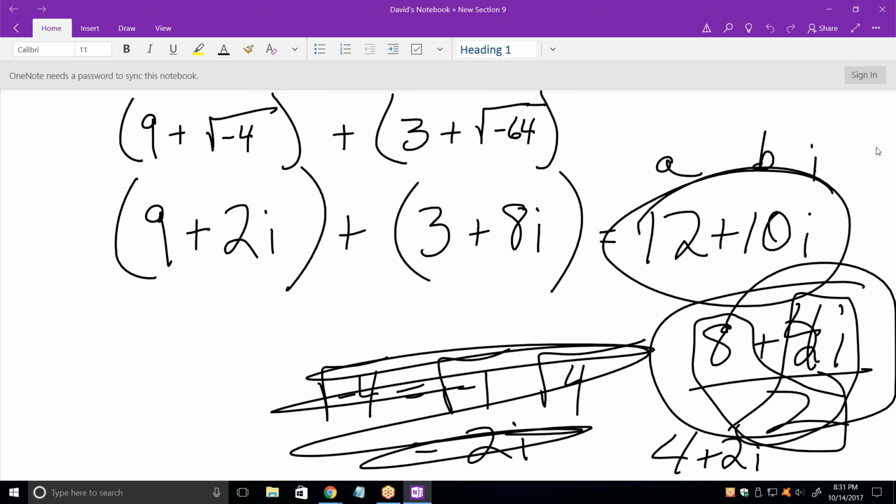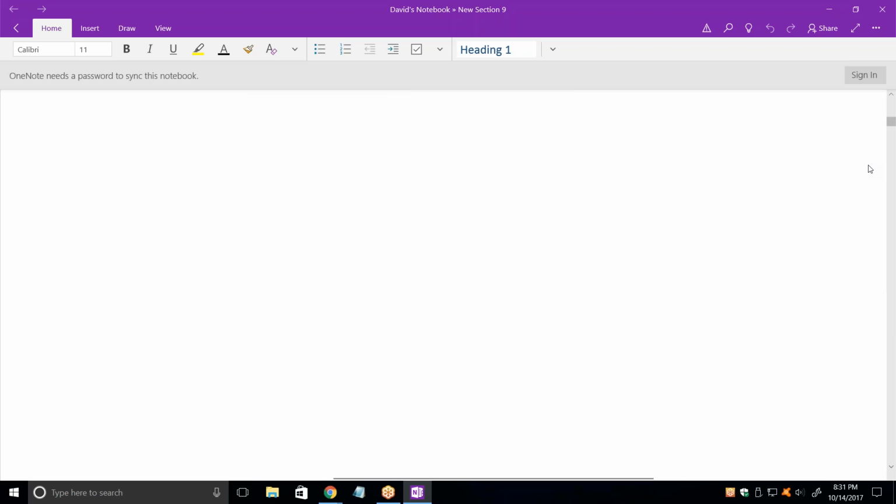Alrighty. So the next one we have, are you ready? The next one we have is subtract and simplify, parentheses 12 plus 8i minus parentheses 9 plus 4i.